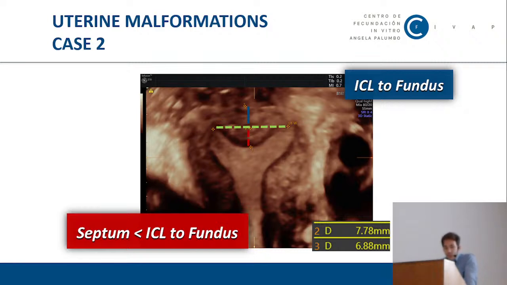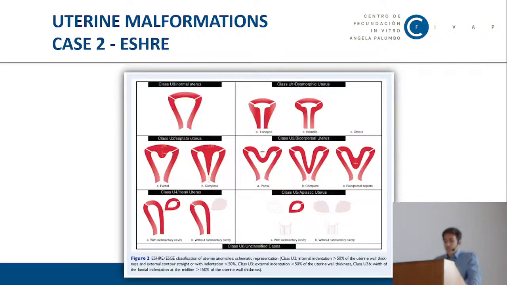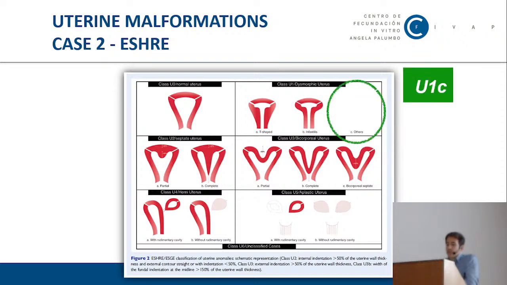Here we have another case, case 2. We can do the same: the interostial line, we measure the septum length and the distance to the serosa, and we can see that the septum is smaller than the distance to the serosa. So in the ESHRE classification, it will be an arcuate uterus, which is classified in the dysmorphic uterus in the others.